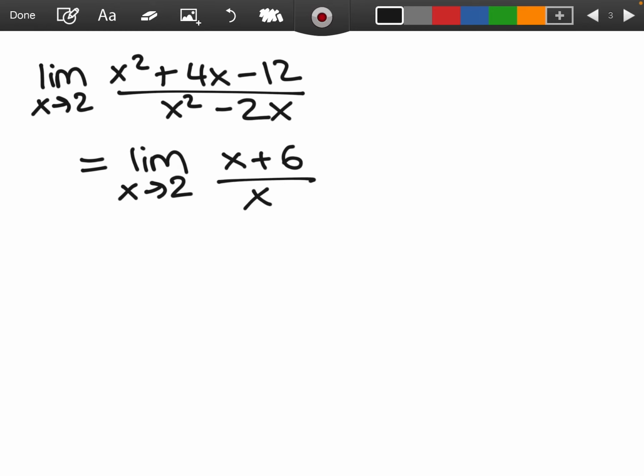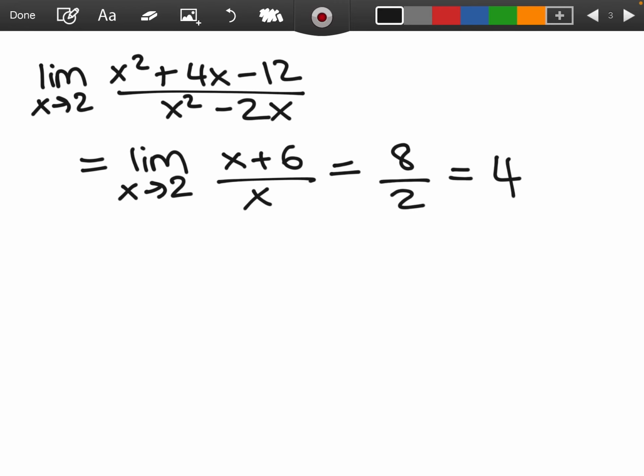Again, we can get very, very close to 2, so I want to see what's the behaviour of this function as I approach 2. I don't care whether x actually equals 2 or not. I'm just looking at what happens as it approaches it. So the limits of these two functions are the same. Then I can just plug in x is equal to 2 at this point. So I would get 8 over 2, and that equals 4. Okay.